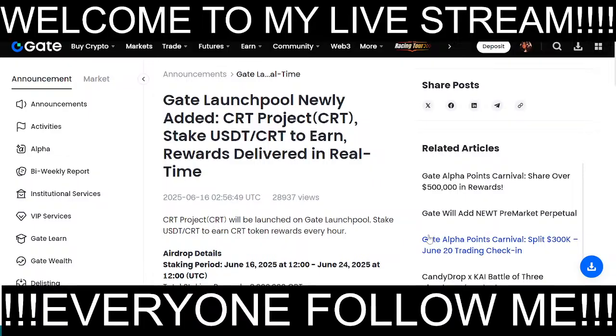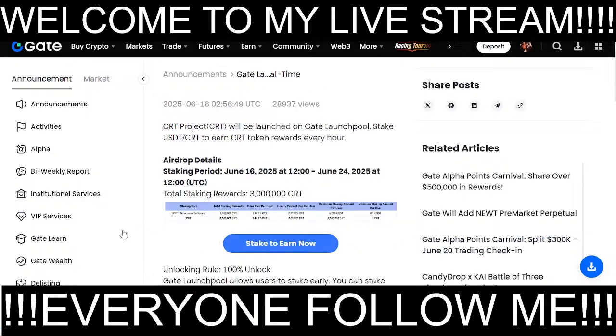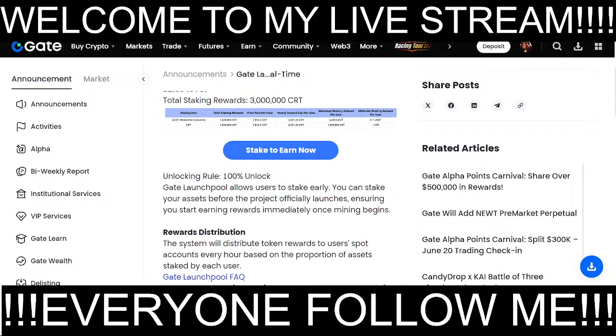And this is the staking period of this CRT. And Gate Launch Pool allows users to stake early. You can stake your assets before the project officially launches, ensuring you start earning rewards immediately once mining begins.